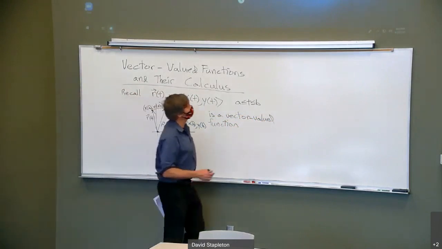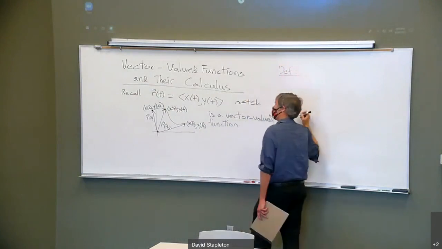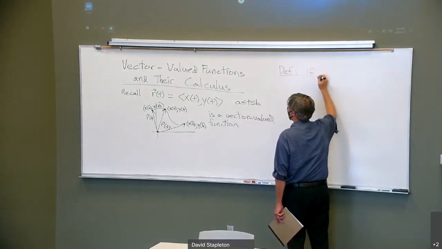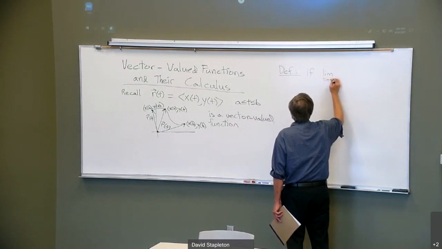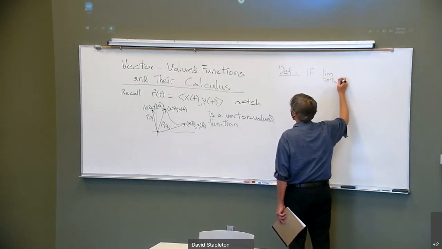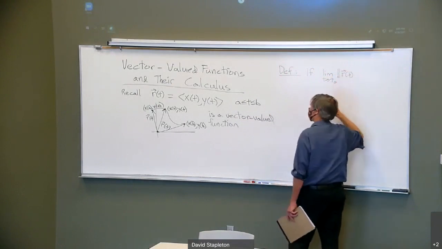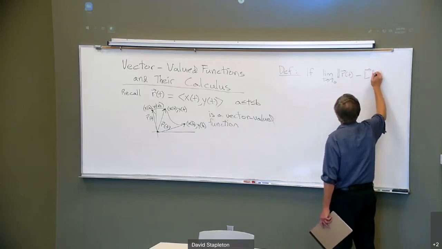So what shall we say? Here's the definition just to give it. We want to do limits with this, right? So let's say that if the limit as t approaches t0 of the length of r of t, the vector valued function, minus a fixed vector L is equal to 0.